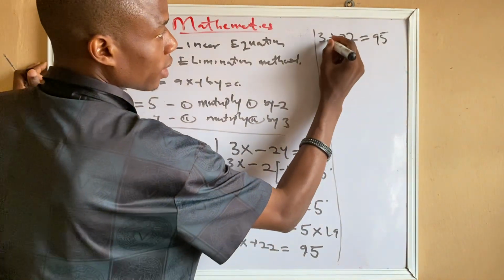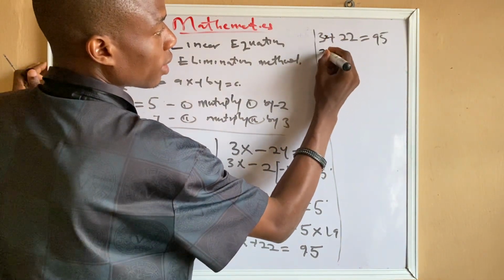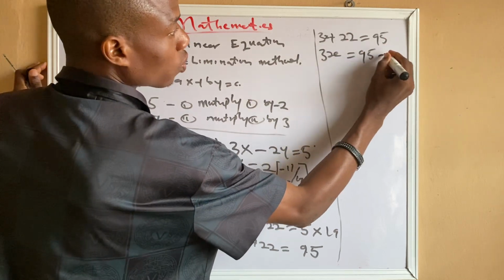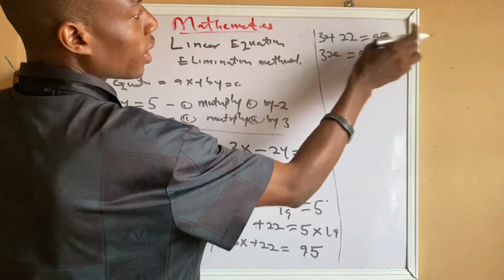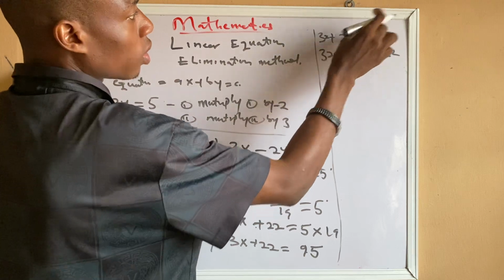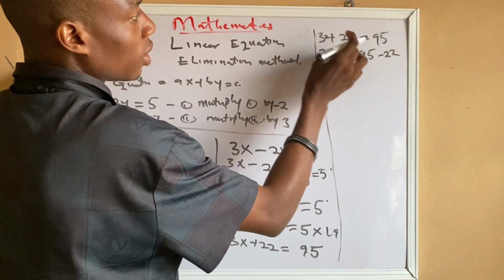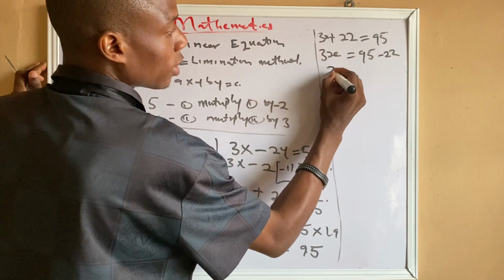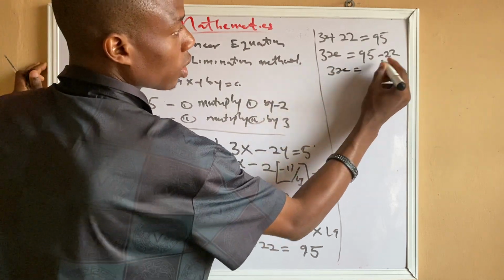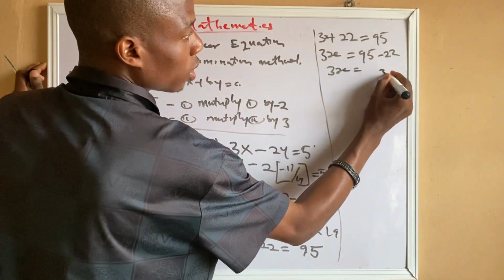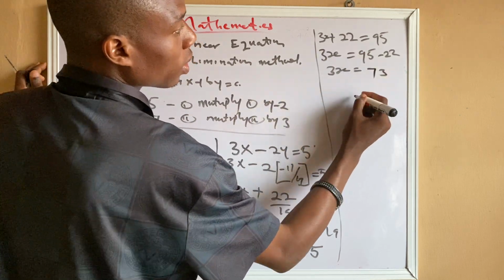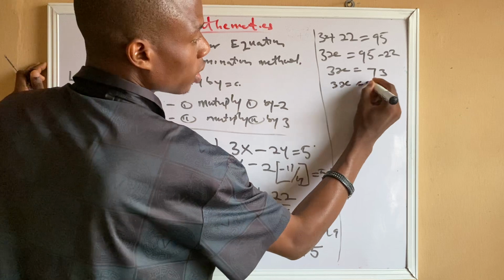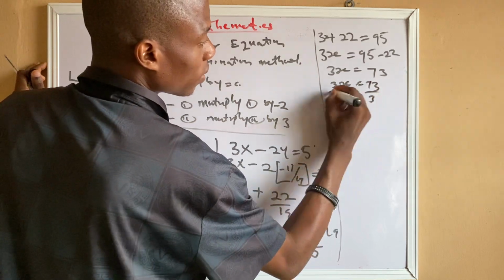So 3x is equal to 95 minus 22. What have we done? We have collected the like terms. We are bringing the one that doesn't have the alphabet, because this one has x. So now our 3x is equal to 73. Our 3x is 73, divided by 3, divided by 3.